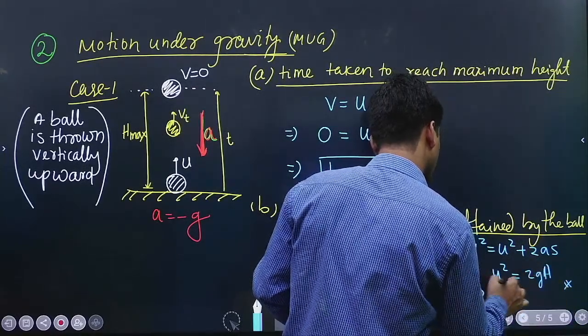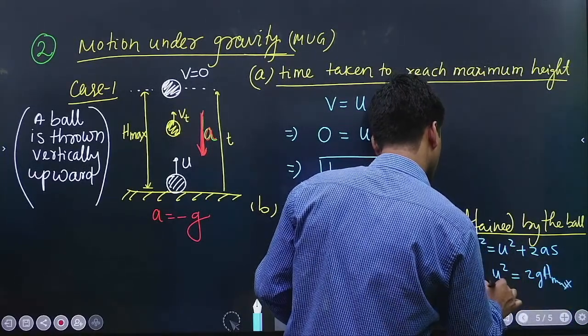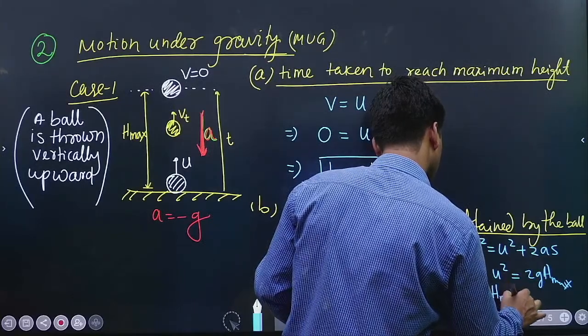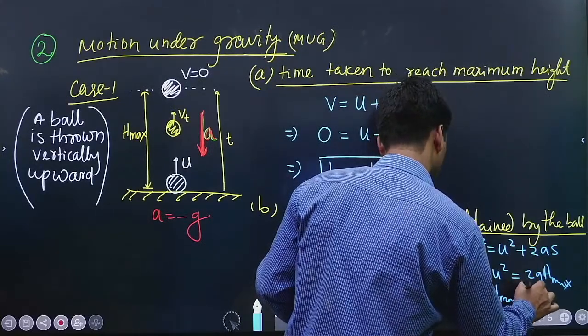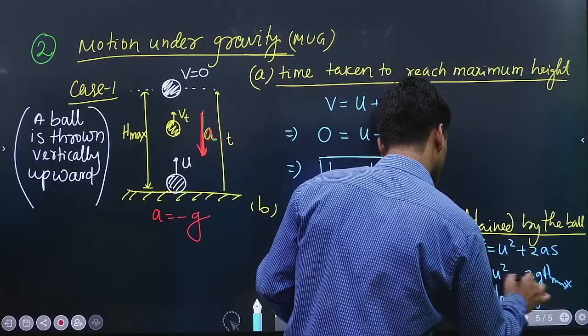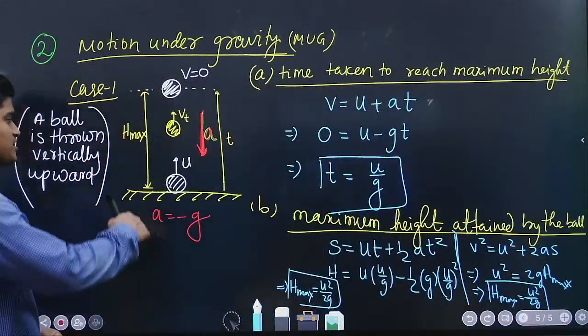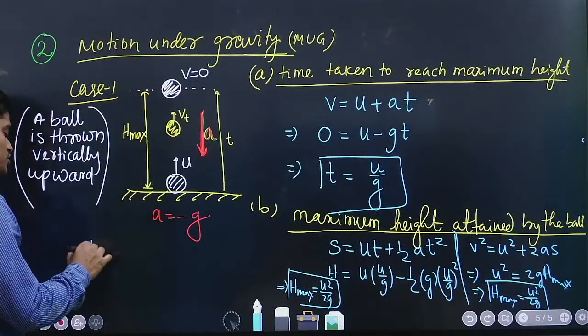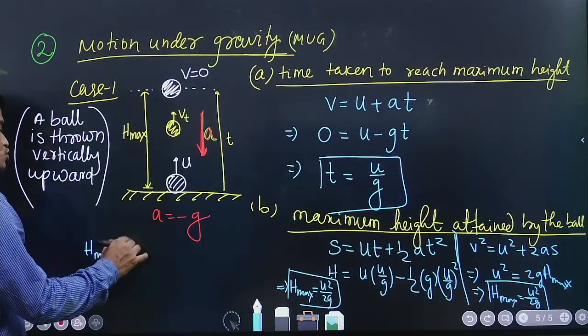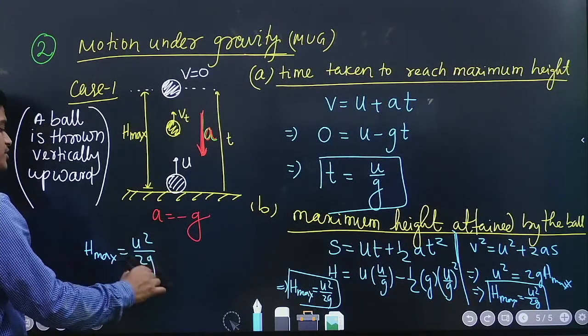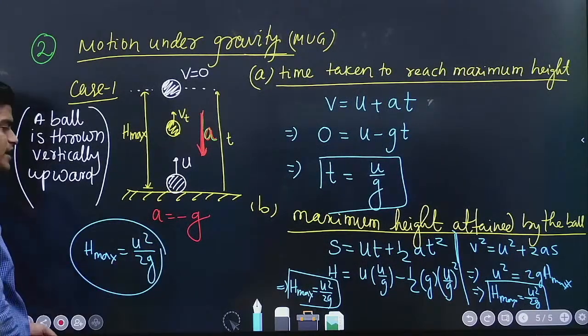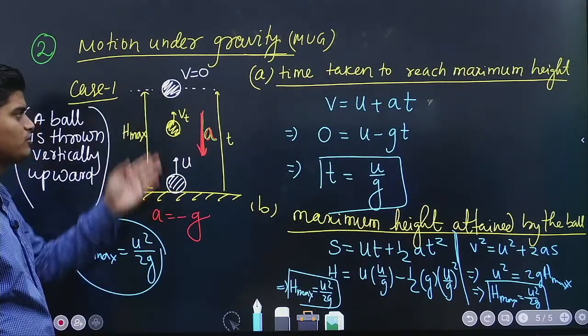So write h max equal to u square by 2g. This is the idea, remember. Whatever maximum height the particle reaches is nothing but u square by 2g. So if the initial velocity is given in the question, you can easily find the maximum height the particle will reach.